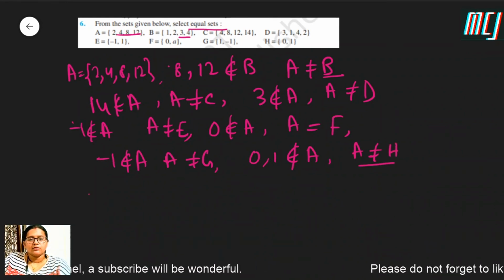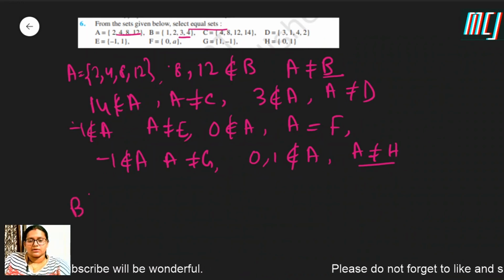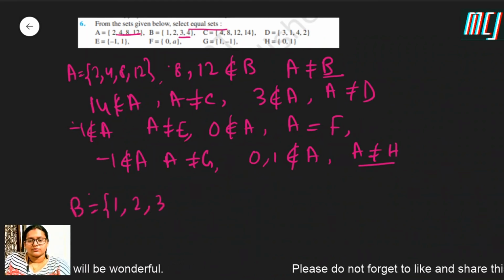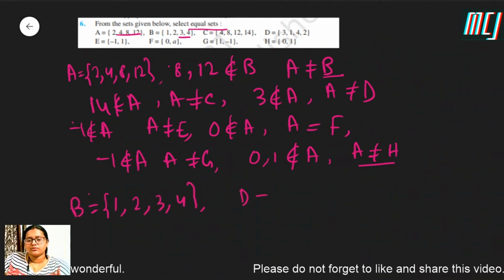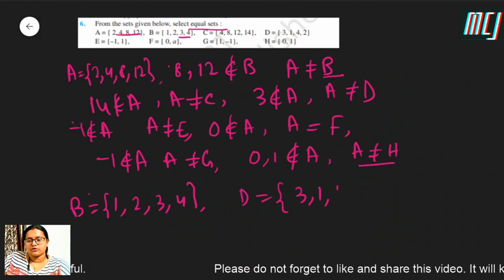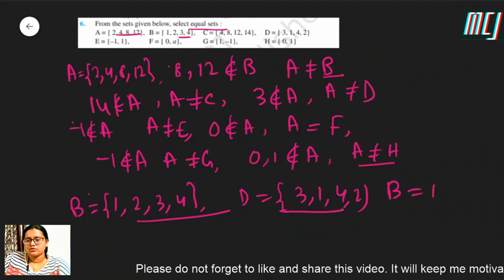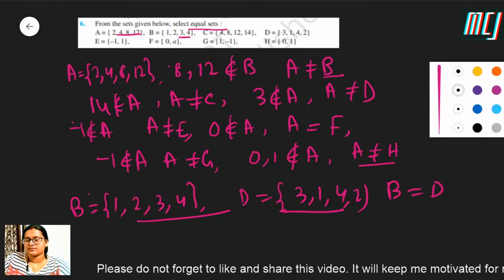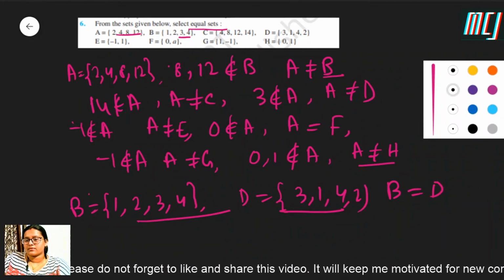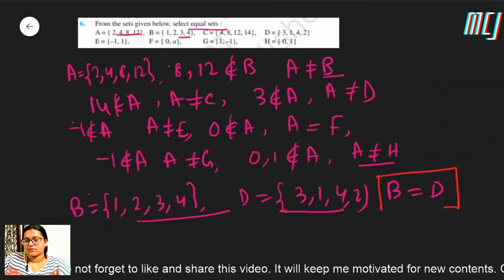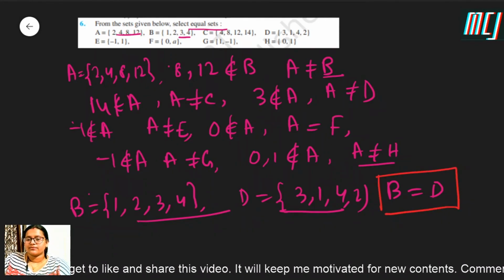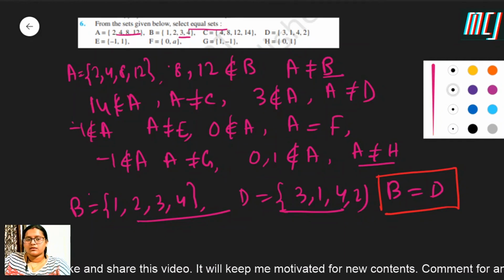Now check B. B has 1, 2, 3, 4 elements, and D also has 3, 1, 4, 2. All elements are the same, so B equals D. Clear?